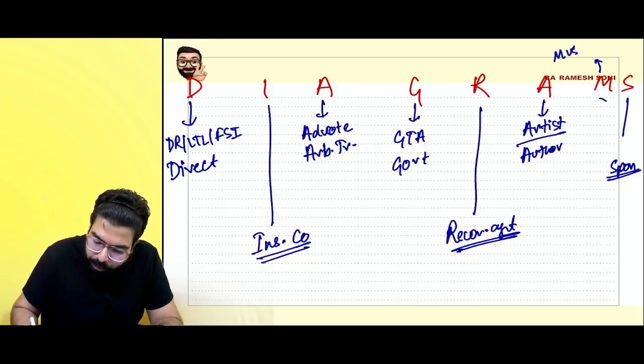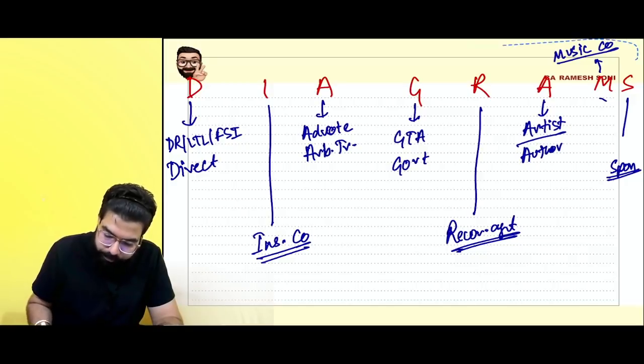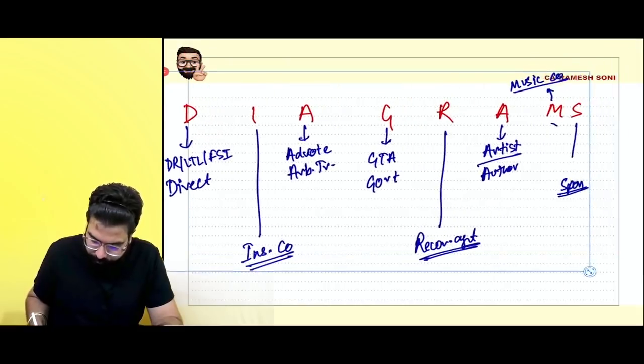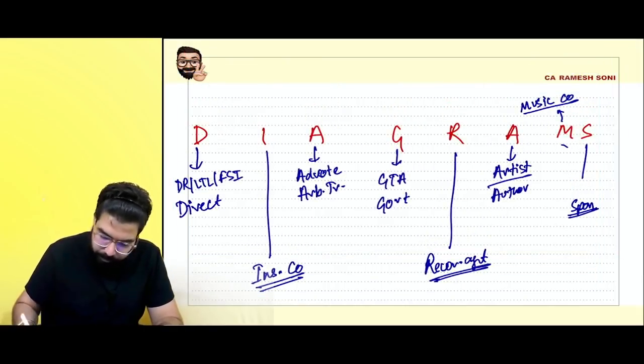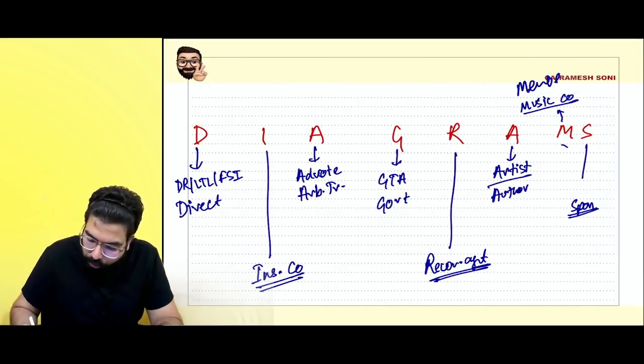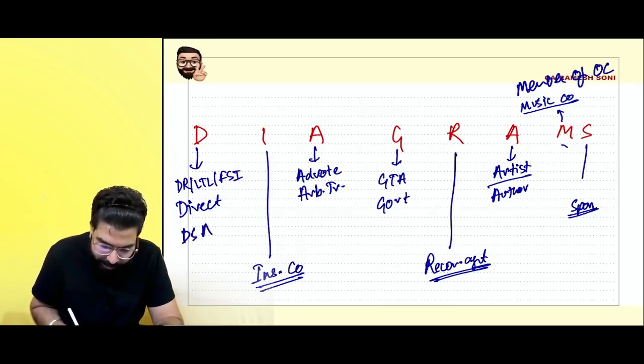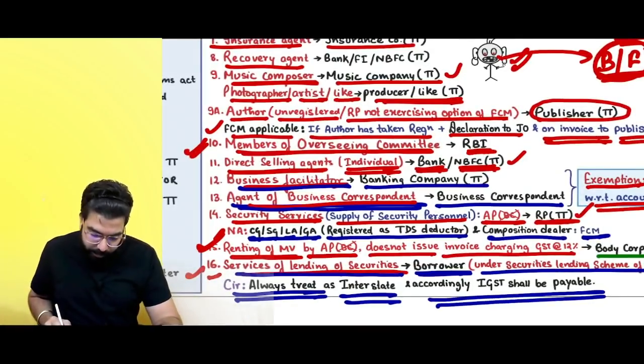M for music company. M for members of overseeing committee. Yes, sir. Point is clear. D for direct selling agent who is an individual. Then what else did we miss out over here?